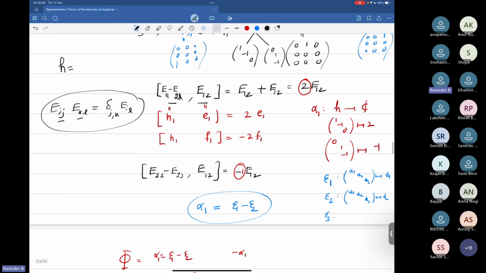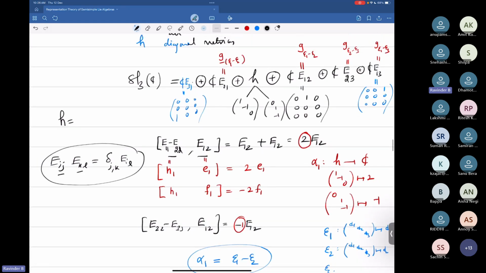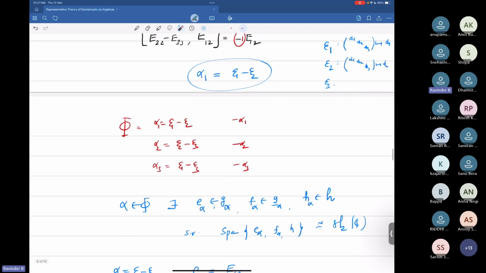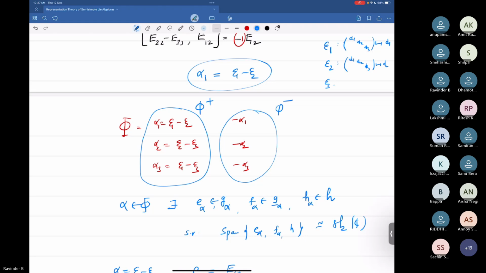So these three are the upper triangular matrices. They correspond to roots like alpha 1, alpha 2, alpha 1 plus alpha 2. These three you declare as positive roots. You denote them by pi plus, and its negative will be pi minus.